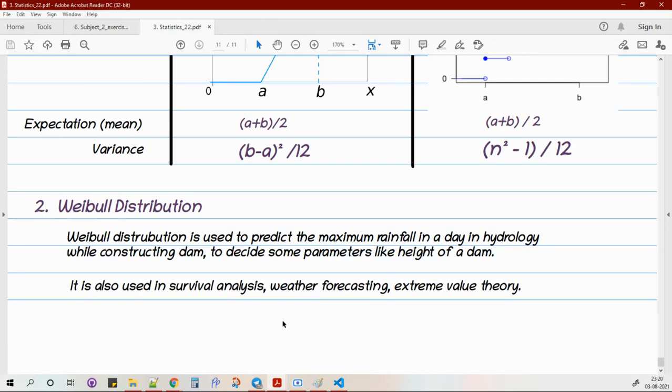How to calculate the probability of some parameters, forecasting rare events in nature, there we can use the variable distribution.